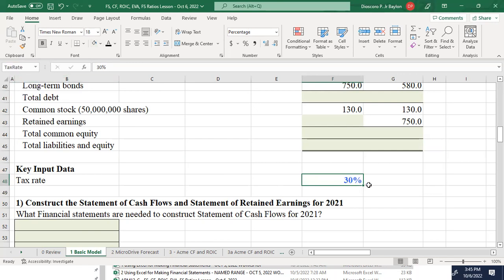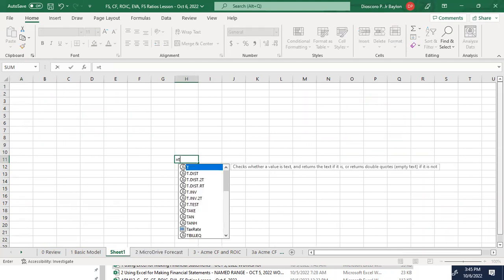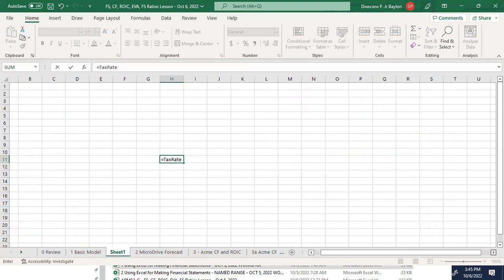If I click that, then it will bring you anywhere you are. For example, if I go here, so I'm in a new cell, in a different worksheet. If I type equal to, and if I type TA, then I'll see here the tax rate. There, tab.